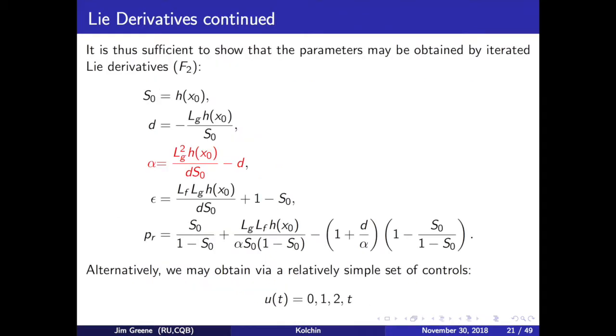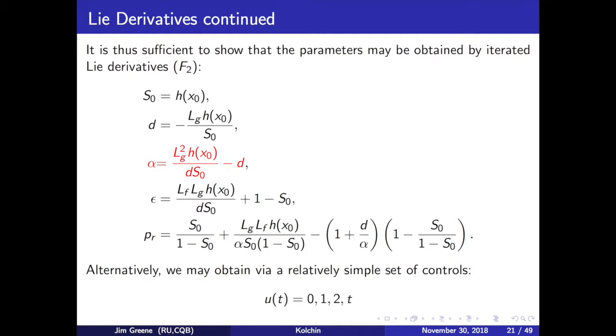You can do a standard analysis and show that you can get every single parameter from a relatively small set of iterated Lie derivatives, because this is a very small system of differential equations. Using some sort of computer algebra, or I don't remember how I did this, you can determine the parameters from the iterated Lie derivatives, which are the observables.